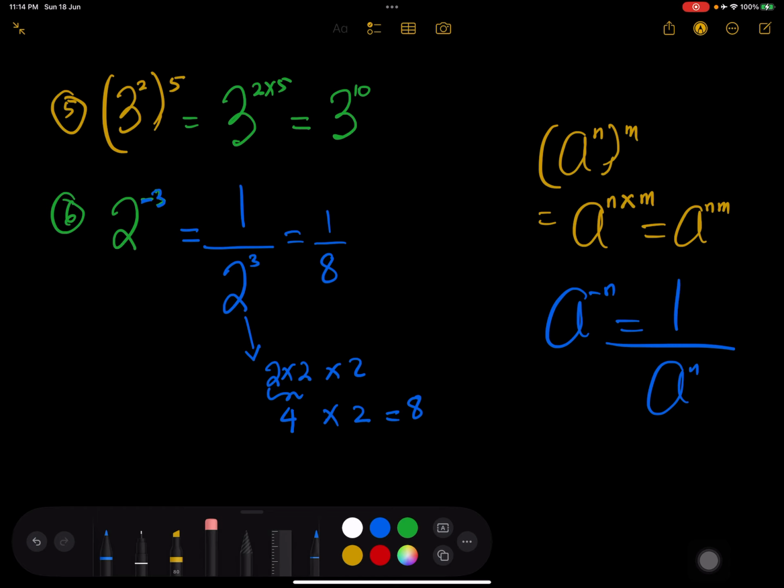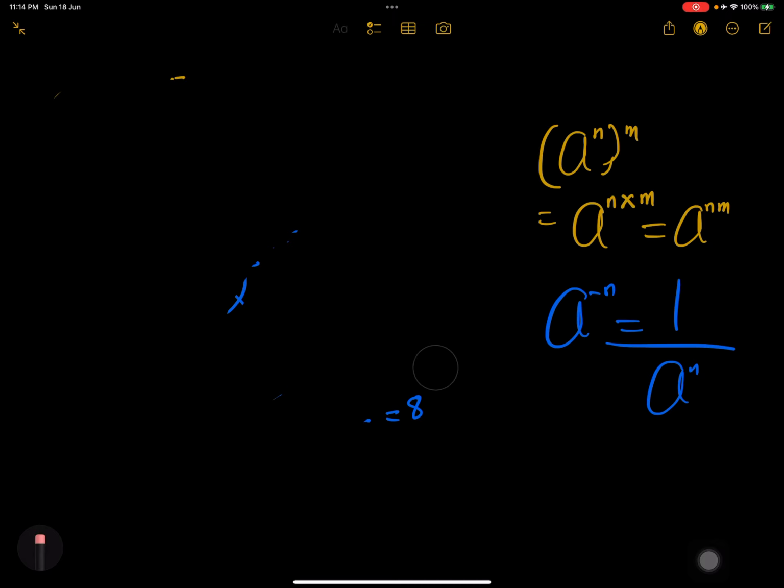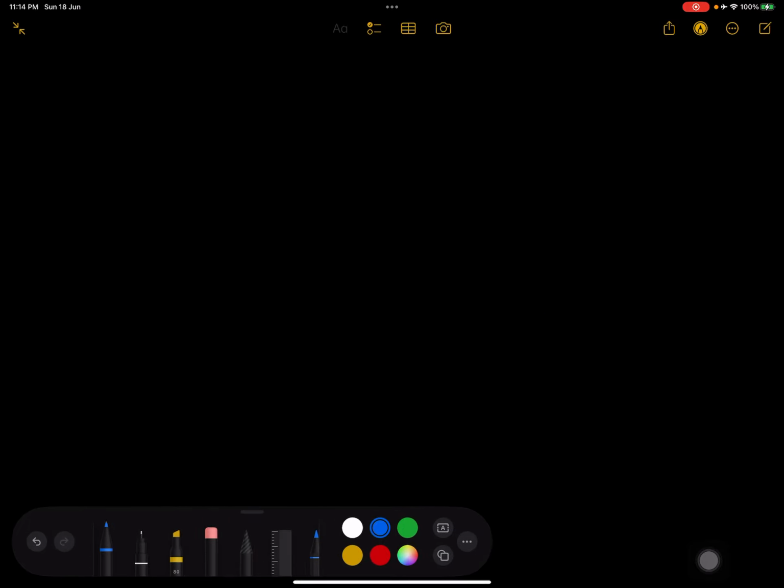The next problem we're going to be having is 8 exponent 2 over 3. Now, one of the tricks here is to look at this number 8 and compare it to these numbers on top here, and ask yourself, what numbers are common to this 8?